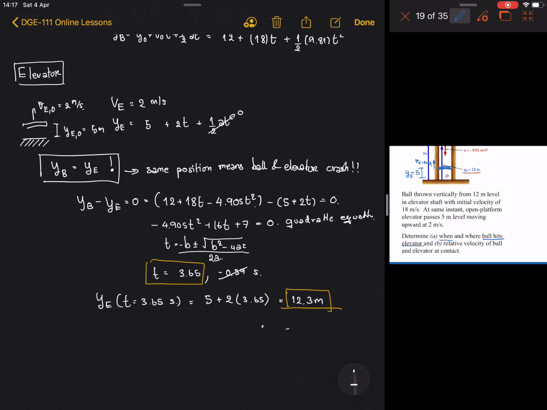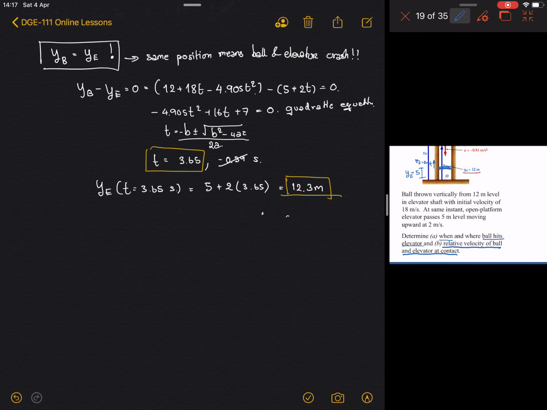And last but not least, they asked for, be careful, the relative velocity of the ball and the elevators. So relative velocity of the ball and elevators means V_BE, and this is equal to VB minus VE, and this is equal to 18.981t minus 2.